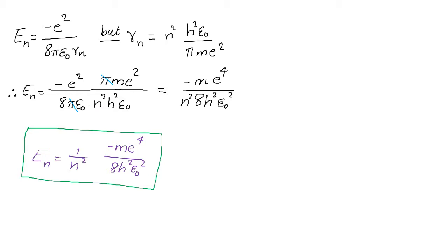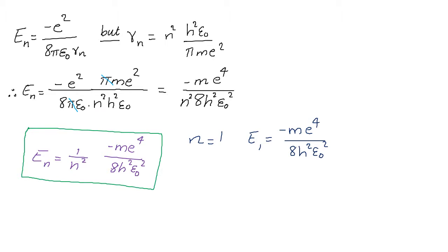Correct? Fine. Okay. Now, if you put n equal to 1 here, you will get E1 as negative m e raised to 4 divided by 8 h square epsilon 0 square. You can see that everything is constant.